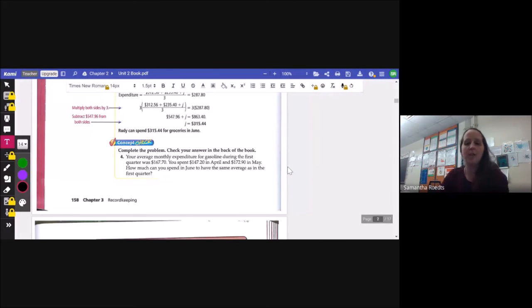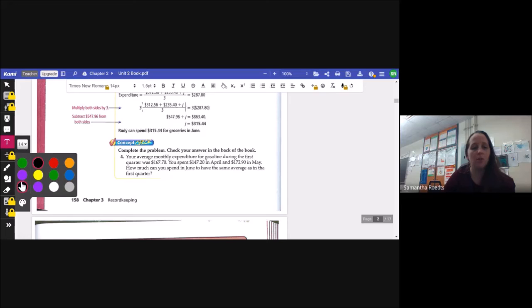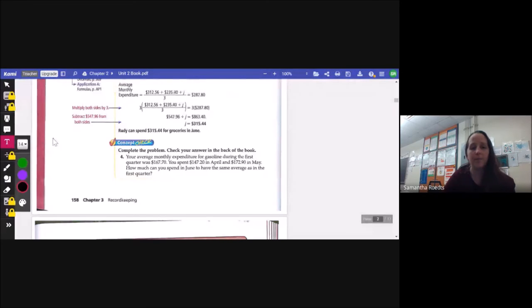Number 4, your average monthly expenditure for gasoline during the first quarter was $167.70. You spent $147.20 in April and $172.90 in May. How much money can you spend in June to have the same average as in the first quarter? So we're going to go ahead and set this up.